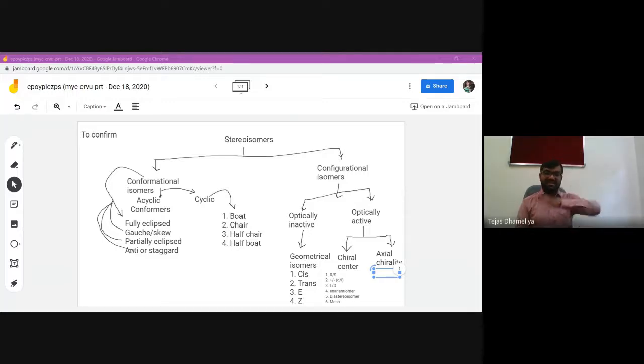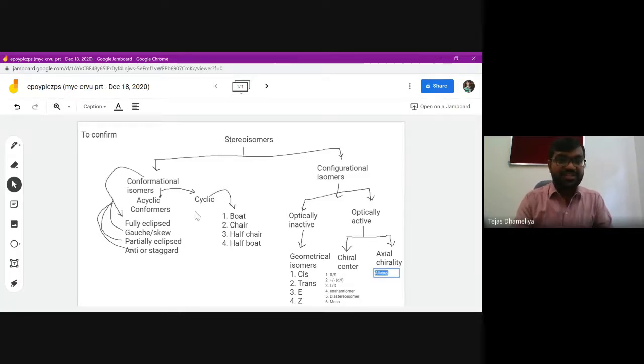The X-axis may be like this, Y-axis like this, and Z-axis towards X, Y and Z. This way molecules can have axial chirality also. Among axial chirality there are allenes.